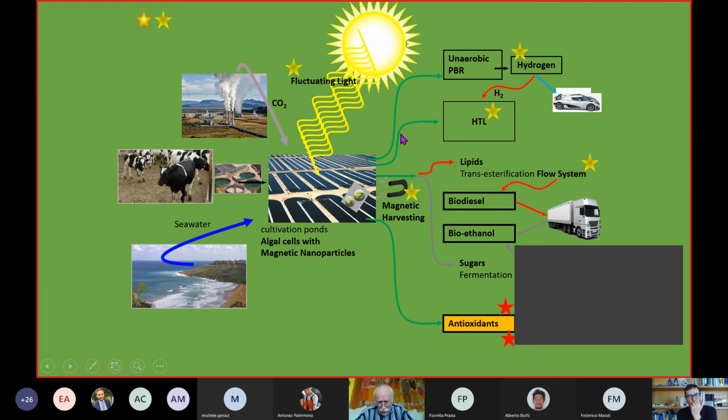And one of the methods we have been testing is including in the algae, while they grow, magnetic ferritic particles that are, by the way, compatible and allowed in food. And then you can use these algae to extract sugars, as you saw before, to extract pigments, to use for transportation.